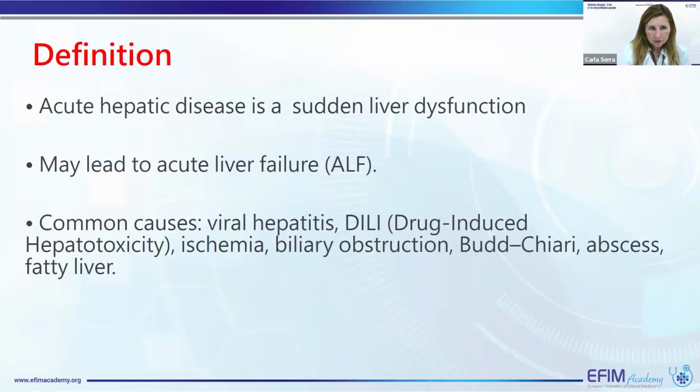So acute hepatitis disease, you know, is a sudden liver dysfunction that may lead to acute liver failure. And we have a lot of common causes like viral hepatitis, drug-induced hepatotoxicity, ischemia, biliary obstruction, Budd-Chiari, fatty liver, abscesses.